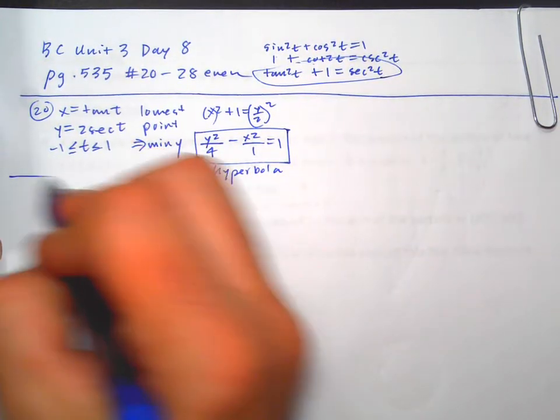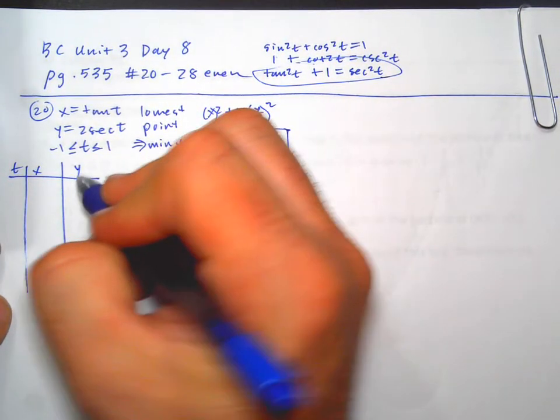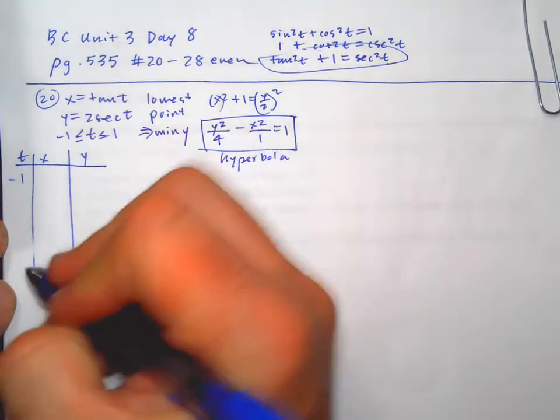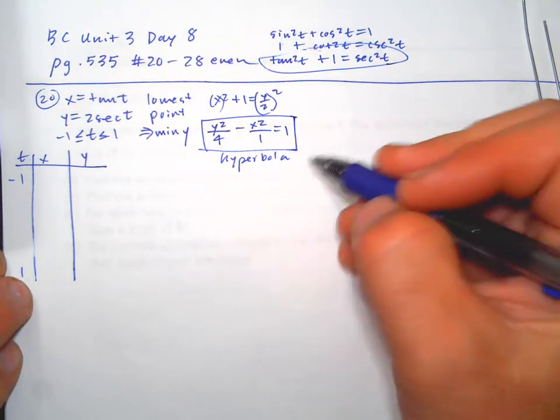Make a table, which will actually help us for our EVT problem, because that's what we usually do. Put -1 in, +1. We could start sketching this graph.